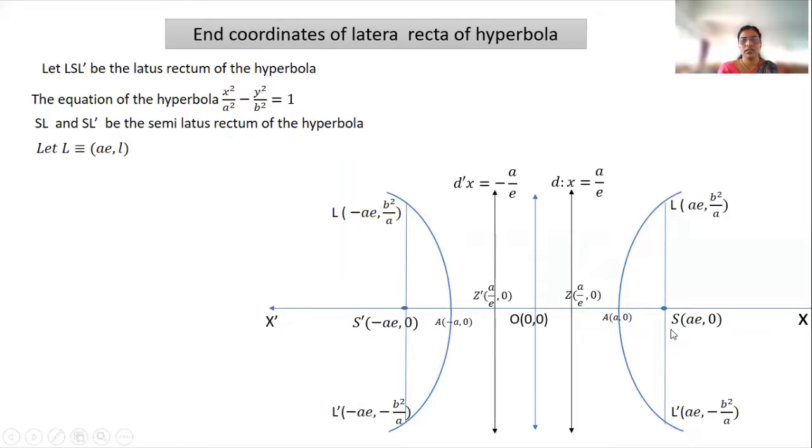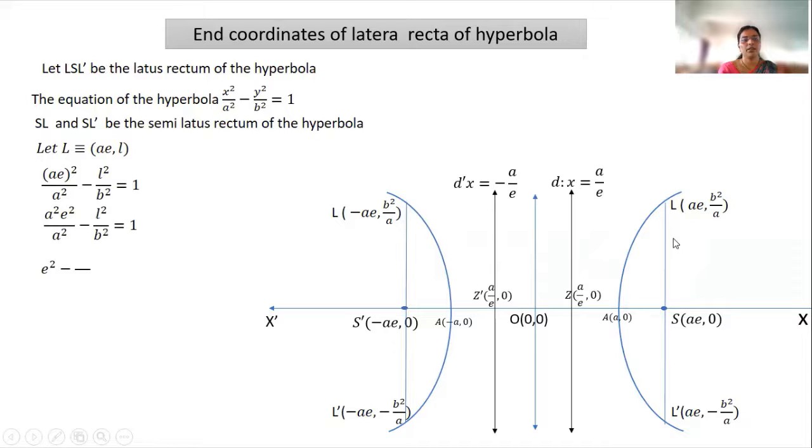Then L is equal to AE, l. Here consider this distance to be l. Then this point is on the hyperbola. Therefore, the equation of the hyperbola is satisfied by it.